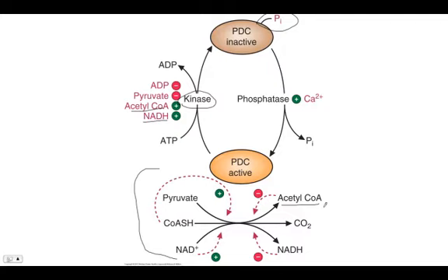On the reverse side, the substrate of the enzyme, pyruvate, can allosterically activate the enzyme, as well as NAD+. So high levels of pyruvate or NAD+, as produced by cytosolic glycolysis, can stimulate the activity of the enzyme to increase production of acetyl-CoA.